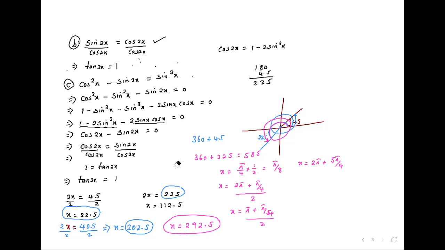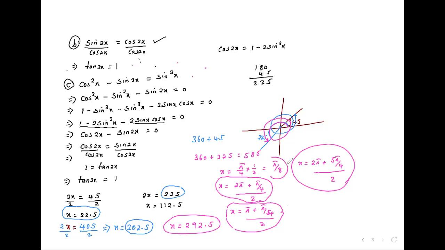That is the sum. And then you divide the sum by 2. So these will be your solutions: this one, this one, this one, and this one. So we have 4 of them.